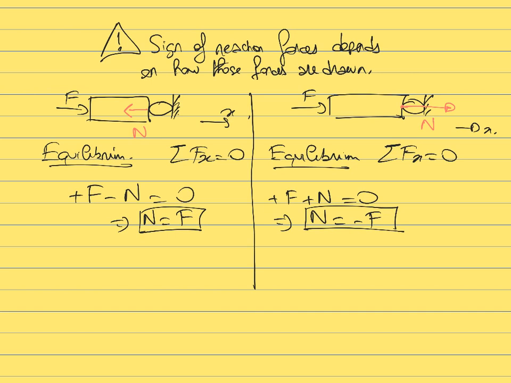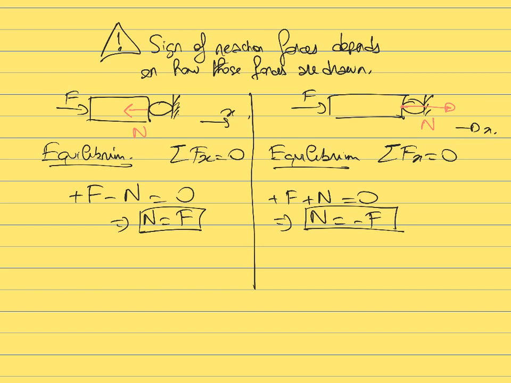So if F is positive, if the force F is indeed pointing towards the right, then I find that the reaction N is negative. In this case, because you find that the reaction is negative, it means that your guess about whether this reaction should be pointing towards the left or the right was wrong. It means that you did not draw it in the actual direction that it should be going through.